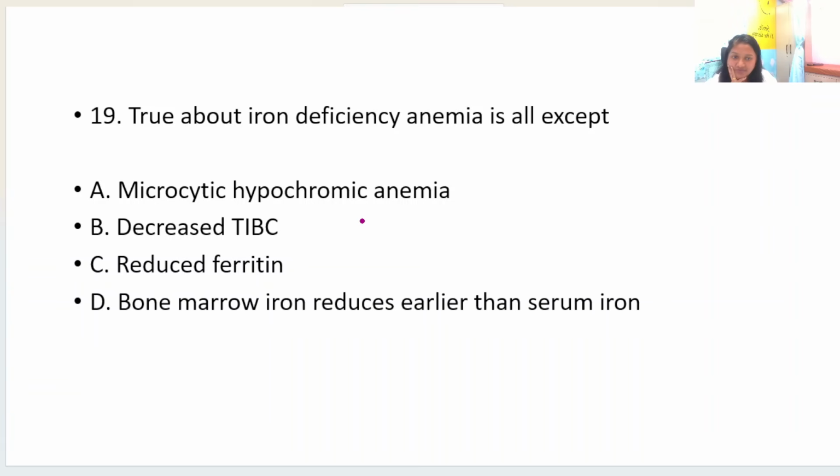True about iron deficiency anemia is all except. Okay, so in iron deficiency, microcytic hypochromic anemia, yes. Decreased TIBC, no. In iron deficiency, there is increased TIBC, right? Reduced ferritin, yes. In iron deficiency, ferritin stores are reduced.